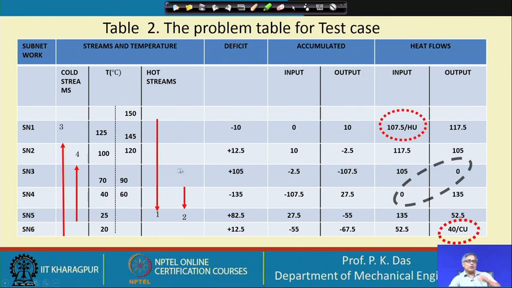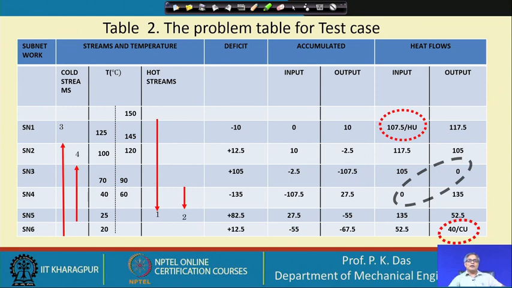Now, in subnetwork 1 what is happening? The hot stream is getting cooled from 150 degree to 145 degree. There is a 5 degree Celsius temperature drop. Maximum temperature drop could be 5 degree Celsius. It could be less even, but maximum could be 5 degree Celsius.